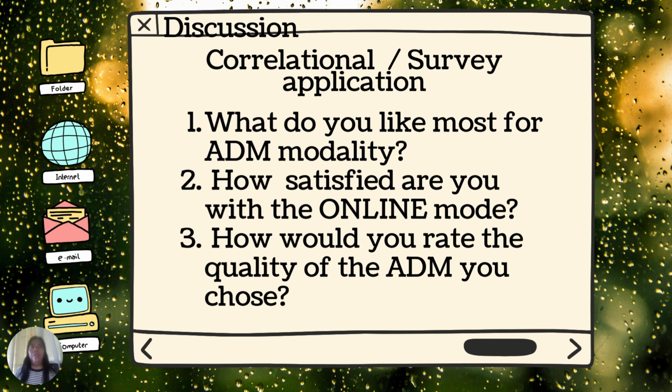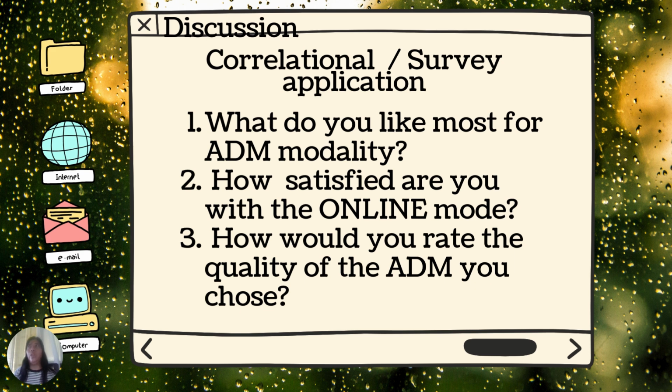Oral, where the researcher conducts a survey questionnaire, holding the questions with the prospective respondents, or perhaps giving it to them. It can also be online, where a Google Form is prepared by the researcher and answered by the prospective respondents. An example of survey application is, what do you like most for ADM modality?